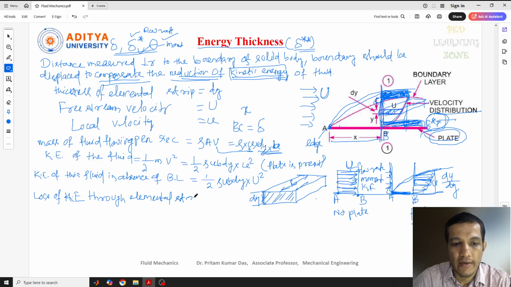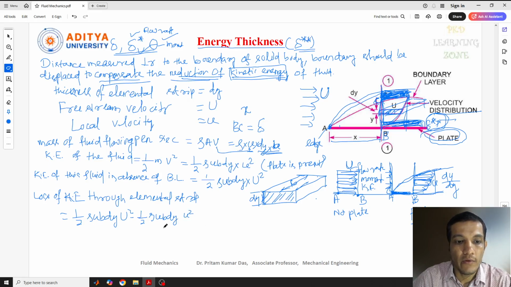Loss of kinetic energy through the elemental strip: without boundary layer, what was the kinetic energy, and with the boundary layer, what was the kinetic energy. If you subtract, we get it. That means half rho U b dy into U square minus half rho u b dy into u square.